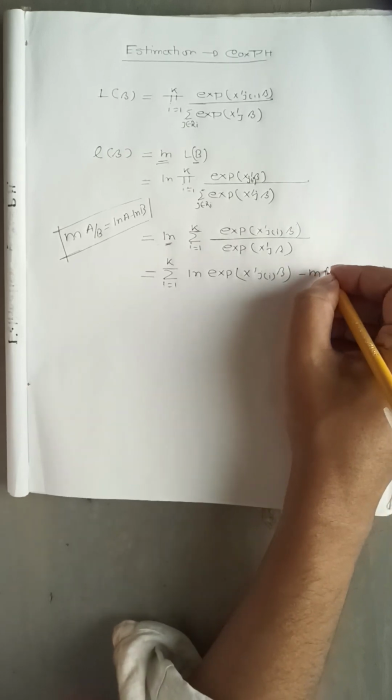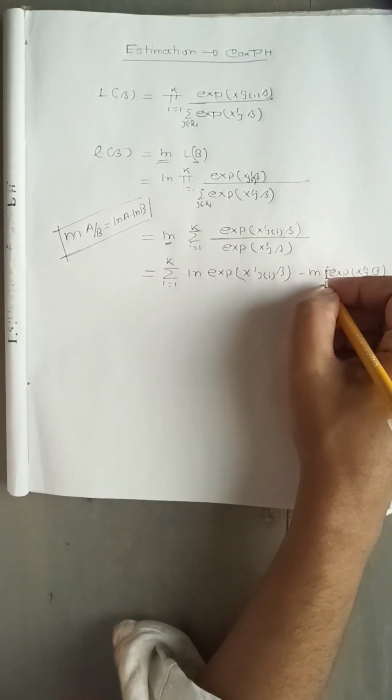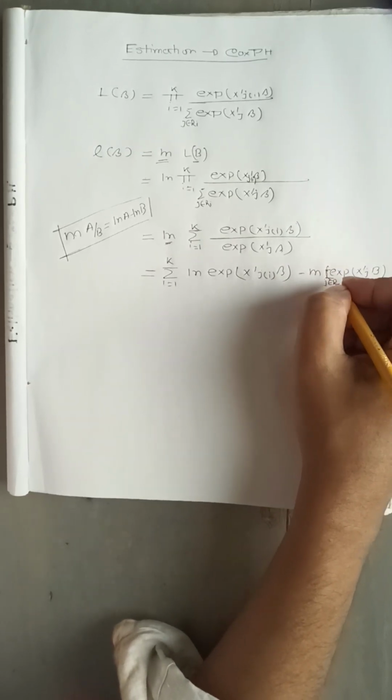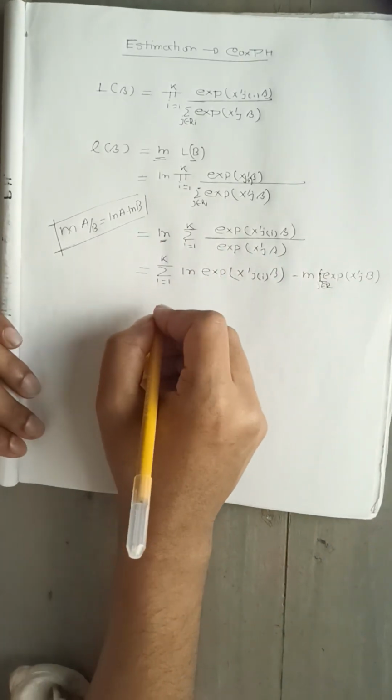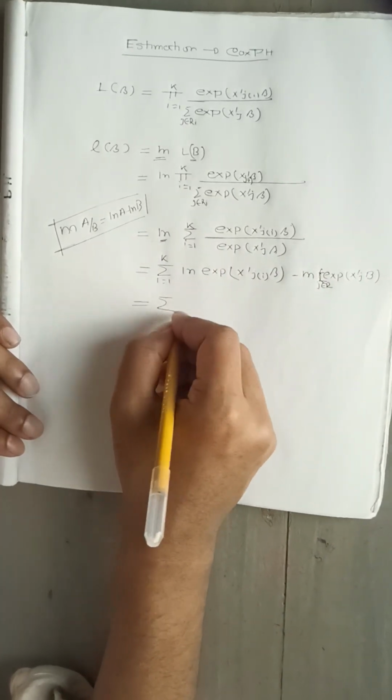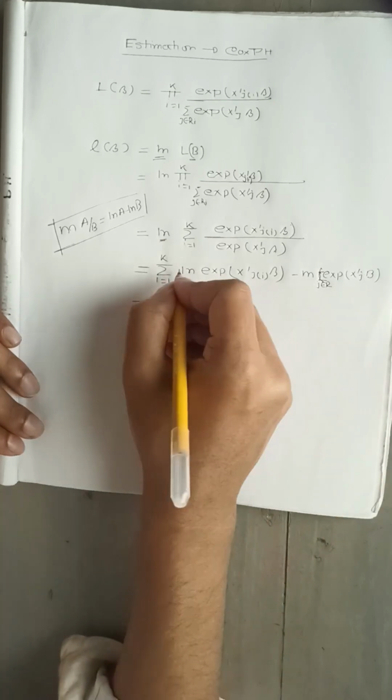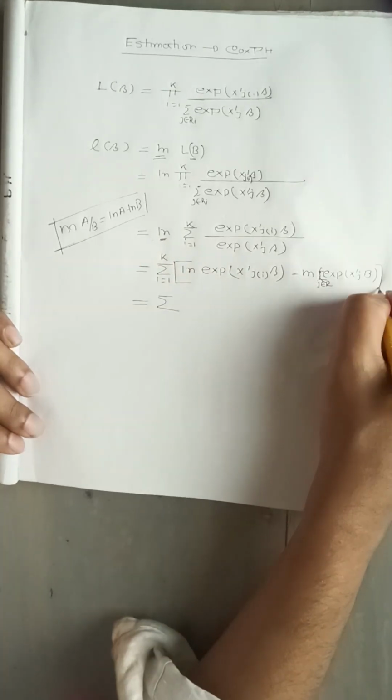And you have to notice this one, this is j belongs to R_i, this is the summation.